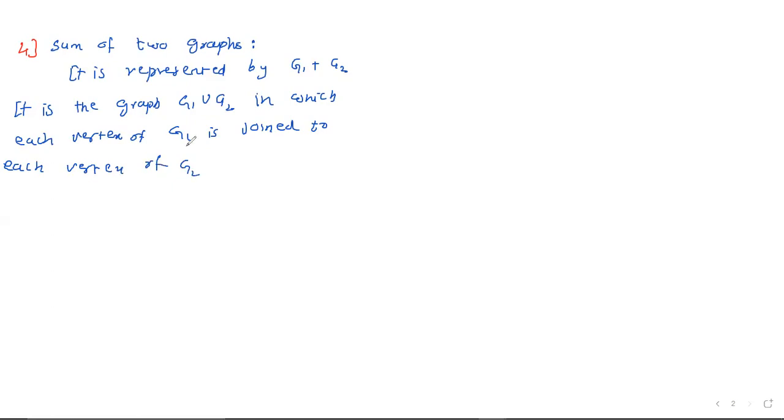G1 union G2 means, as we know, we take all vertices from both graphs and all edges from both graphs.